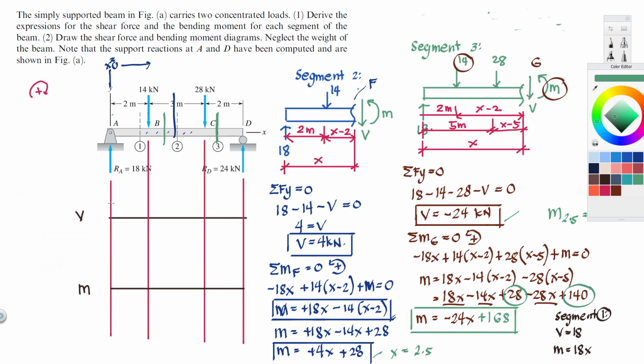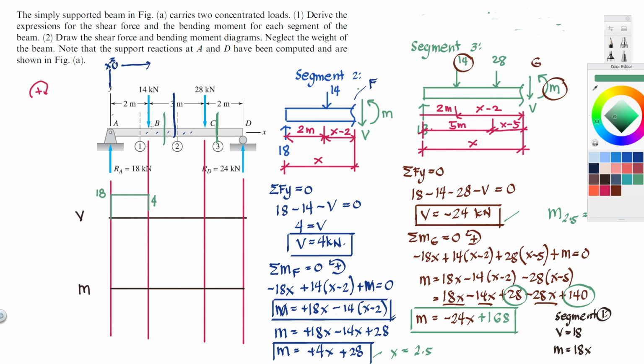I have here 18 upward, so I will denote that as positive 18. Between points A and B you have no load, so it is straight. Then from 18 I go down by 14. 18 minus 14 is 4, so this point is 4.